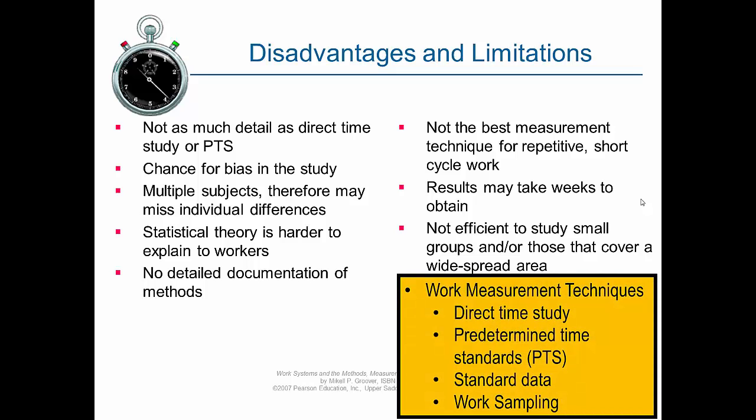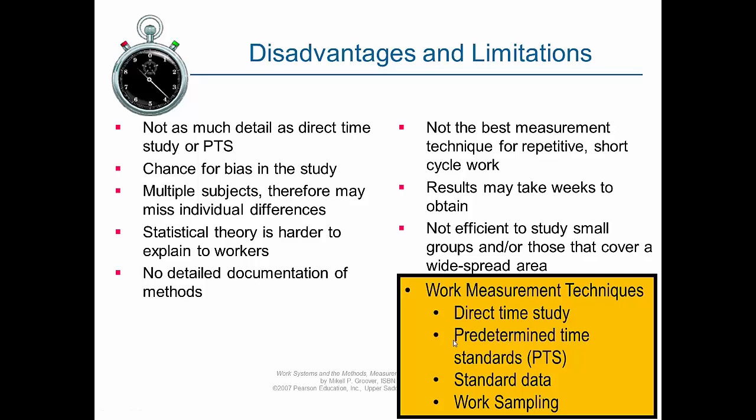And then lastly is just a wrap up. We had our work measurement techniques that we talked about at the beginning of the quarter. So we have a direct time study, predetermined time study, standard data, and work sampling. Direct time study, predetermined time standards, and standard data are all best for repetitive short cycle work and provide a lot of detail about what is going on with a particular operation.